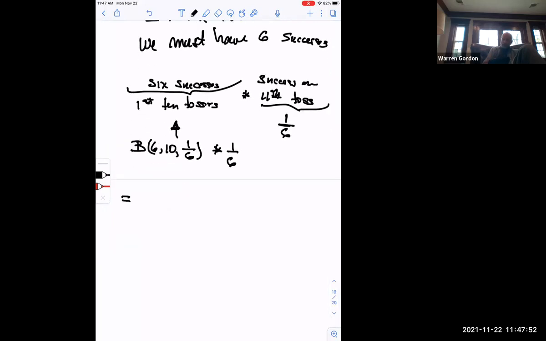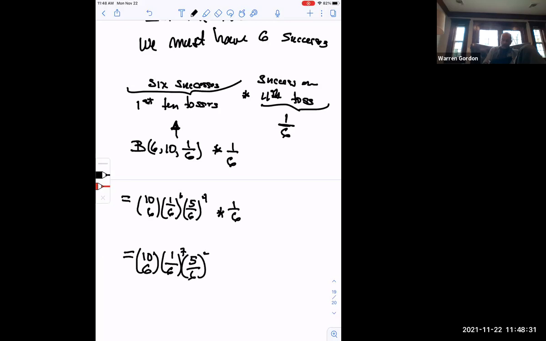So what does this give me? This gives me 10 choose 6, 1/6 to the 6th, 5/6 to the 4th, times 1/6, and this gives me just 10 choose 6, 1/6 to the 7th power, times 5/6 to the 4th power.